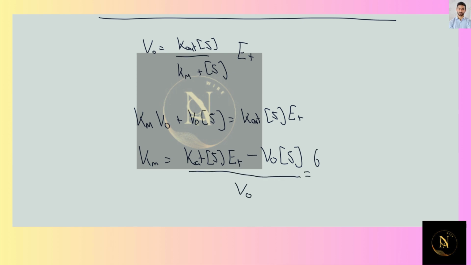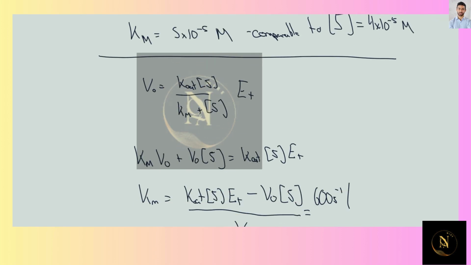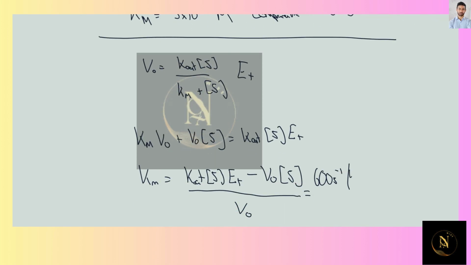Replacing these values: 600 seconds to the minus 1, the concentration of substrate, which we mentioned was 4 times 10 to the minus 5 molar, times the total enzyme concentration, which was 20 times 10 to the minus 9 molar, minus V0, which was told to be 9.6 times 10 to the minus 6, times the substrate concentration, which is again 4 times 10 to the minus 5 molar.